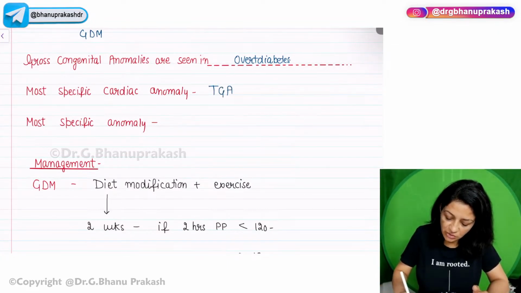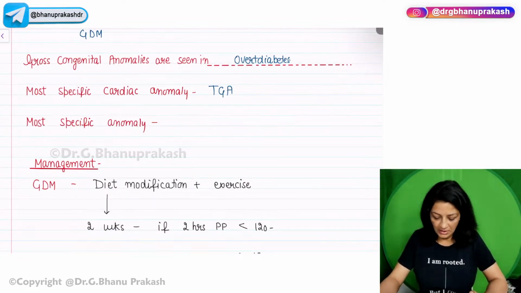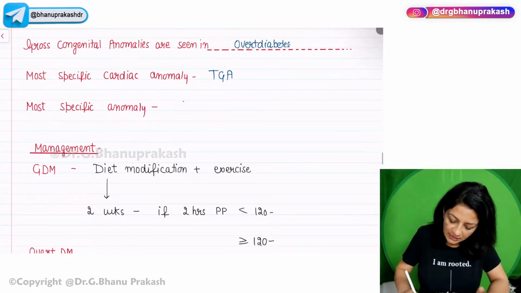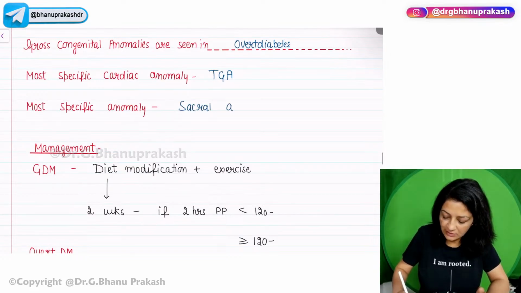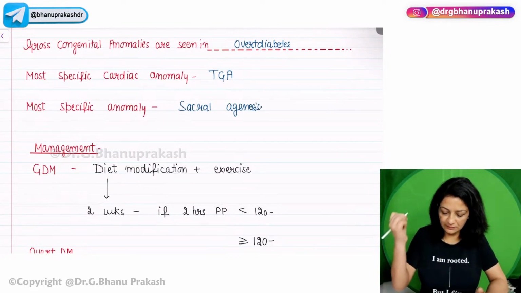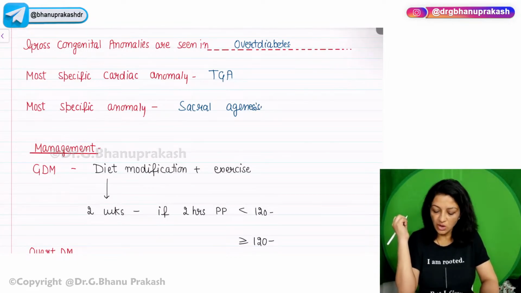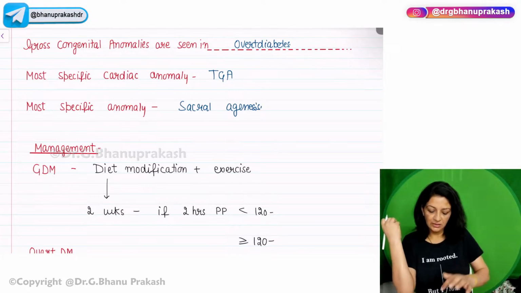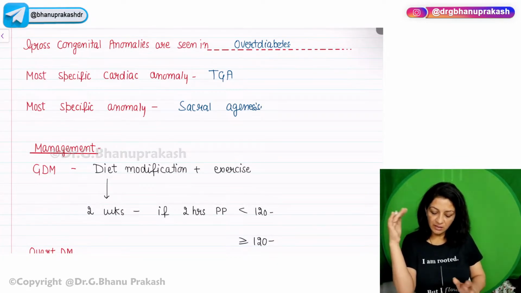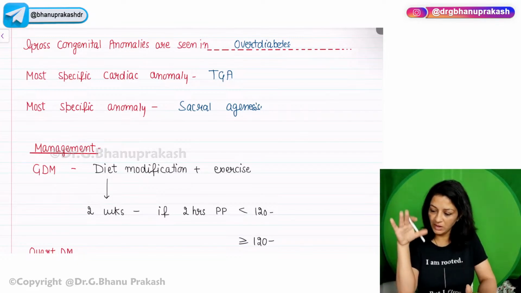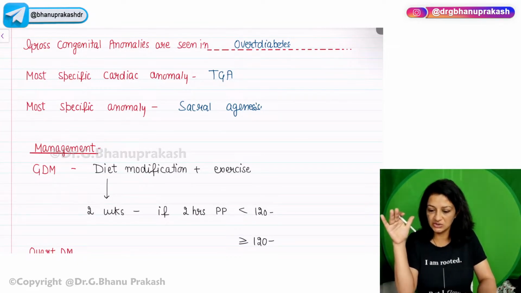TGA, transposition of great arteries. And the most specific anomaly? Sacral agenesis. And the most common cardiac defect? Ventricular septal defect. So which one is specific, TGA? The most specific means what we find only in overt diabetes, that is sacral agenesis.